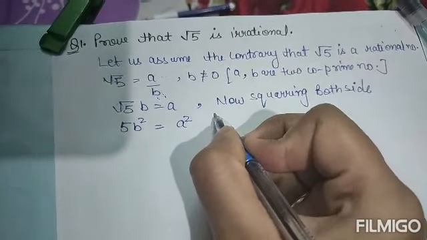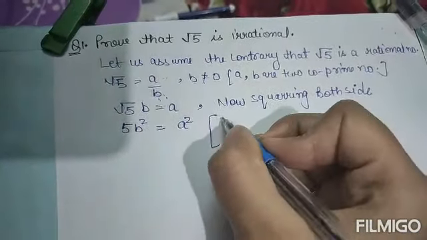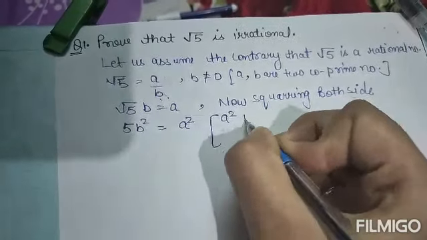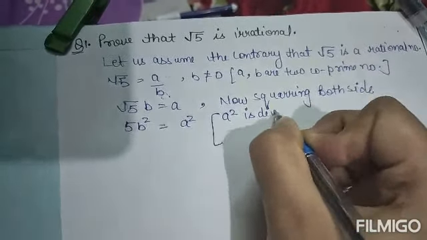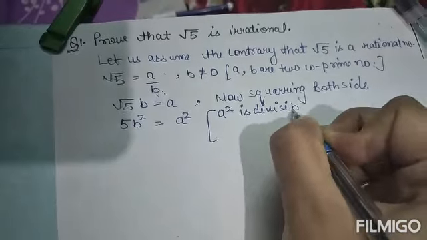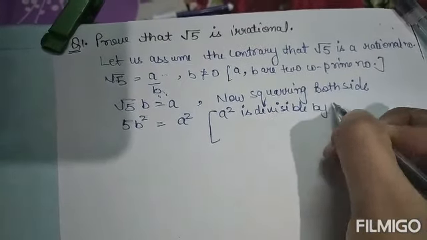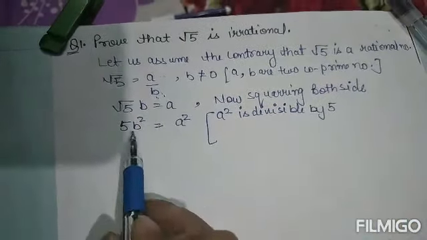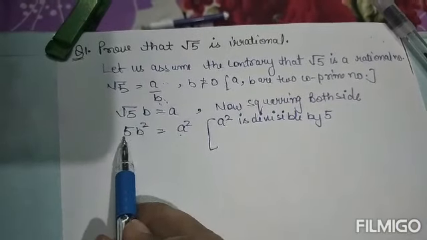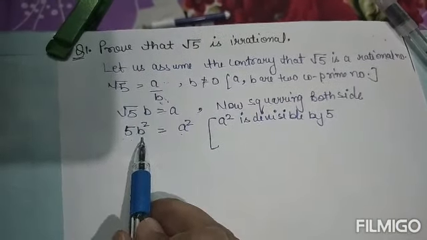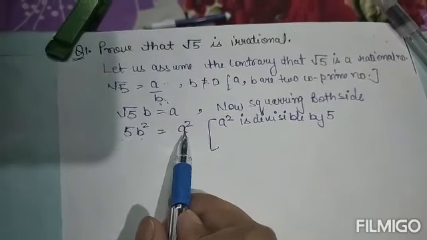What does this imply? This implies a square is divisible by 5. Look, a square can be written in the form of a multiple of 5 multiplied by b square. That means 5 divides a square.